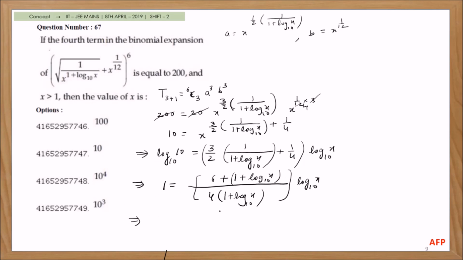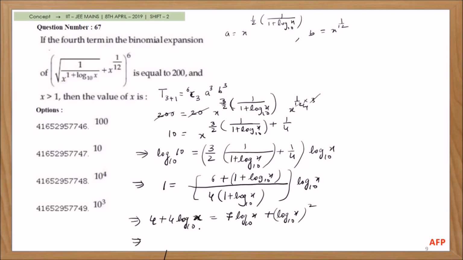Cross multiply here. So 4 we will multiply inside: 1 plus 4 times log x to the base 10. 6 plus 1 is 7, log you multiply inside, log x to the base 10 plus log x to the base 10 whole square it is.